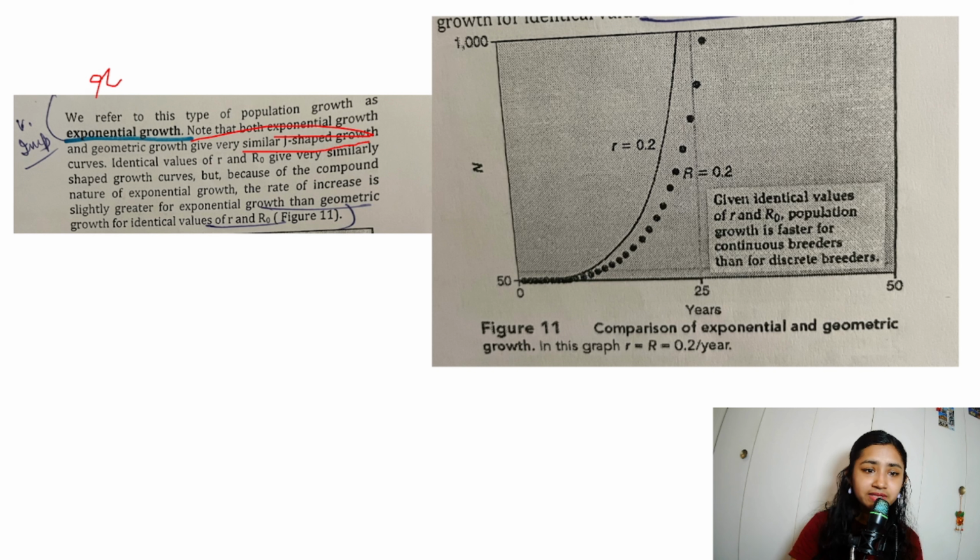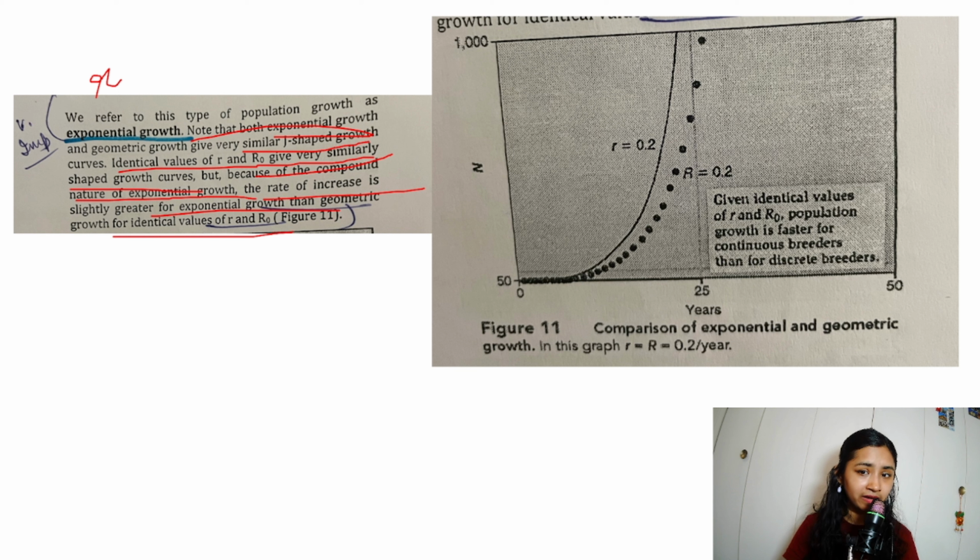Okay, you can see here both capital R and small r give us a J-shaped curve, and identical values of small r and capital R give very similarly shaped growth curves, but because of the compound nature of exponential growth, as in exponential growth organisms are multiplying constantly, the rate of increase is slightly greater for exponential growth than geometric growth for identical values of small r and capital R0.